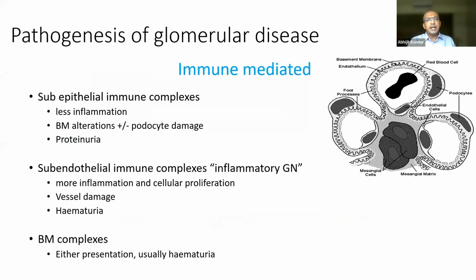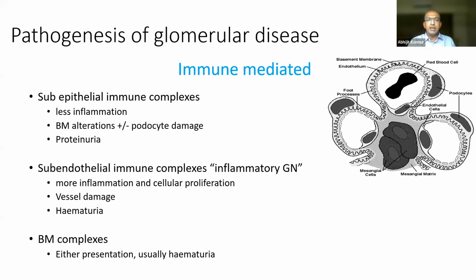Can we get a clue based on what we see clinically to help us know where the problem might be? If it is subepithelial immune complexes, subepithelial meaning just below the epithelium, that is the podocytes, usually they present with less inflammation. There is podocyte damage, and clinically they will present with proteinuria.